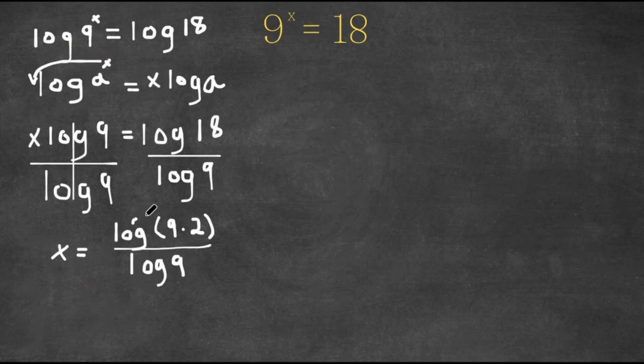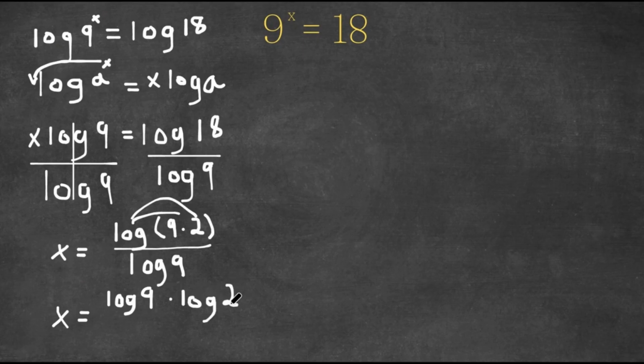And now if I distribute the log to both of these terms in parentheses, I get x is equal to log 9 times log 2, and we are still dividing this by log 9. And sorry, this is actually a plus.